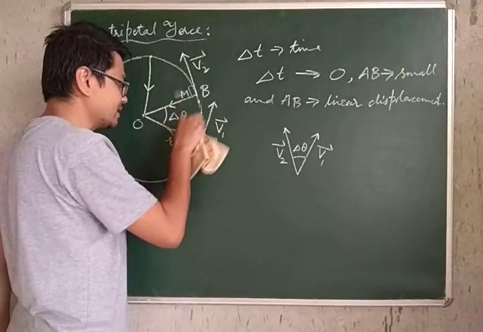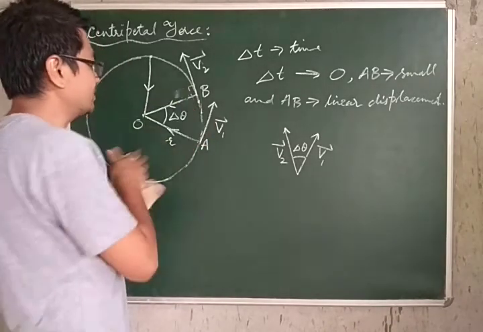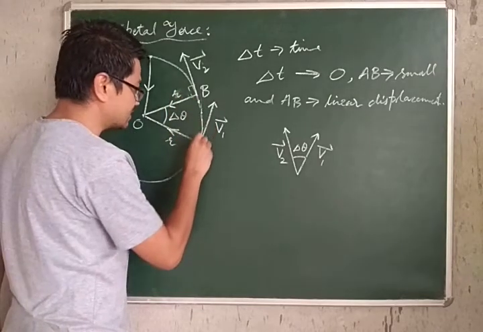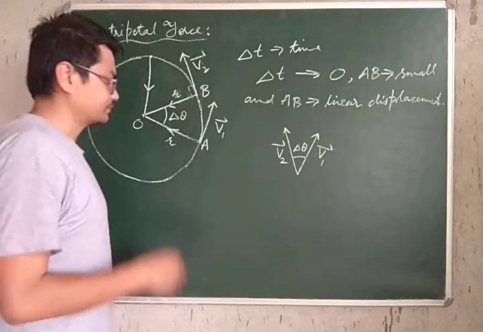So let me erase the unwanted part. Let me erase this M also. So this is our radius. This is my circular path. Alright, so coming back to the real topic now.